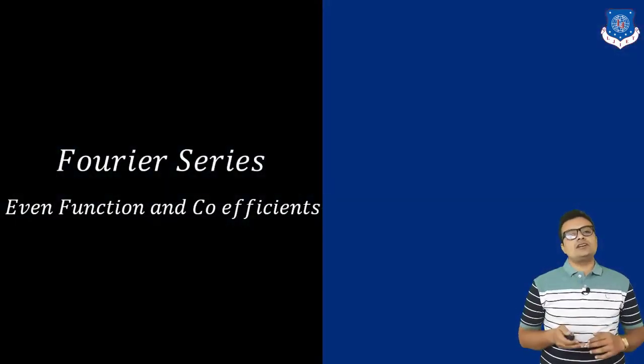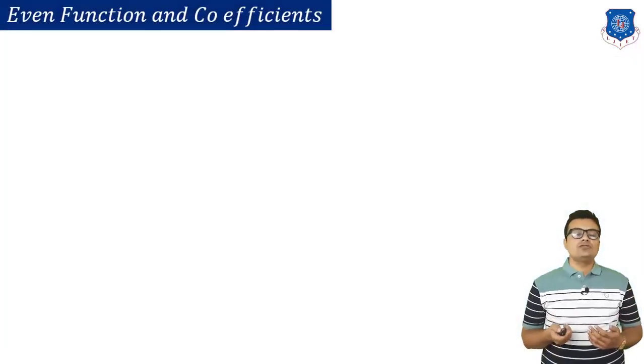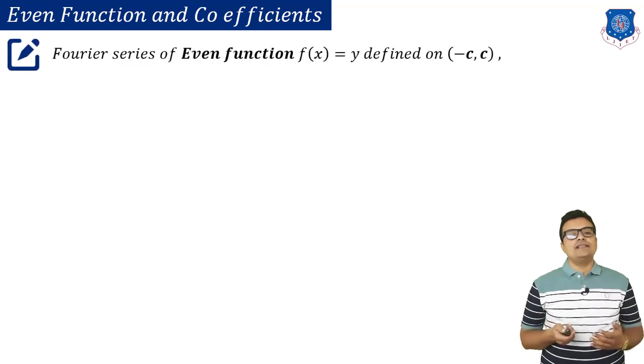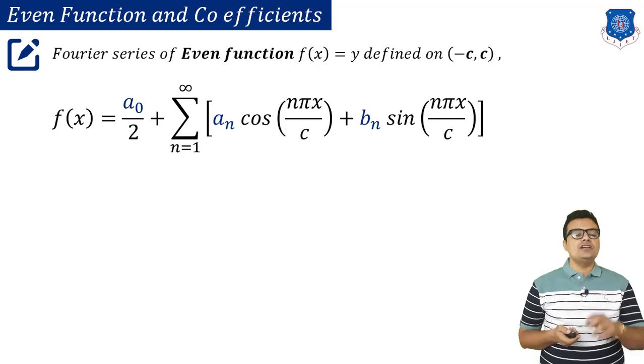Now let us consider what will happen to an even function in Fourier series and to its coefficients. My function is an even function defined on -c to c. What will happen to the value of L? Here the initial value is -c and the ending value is c.